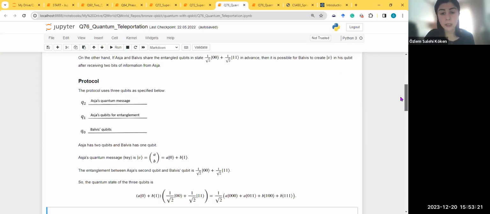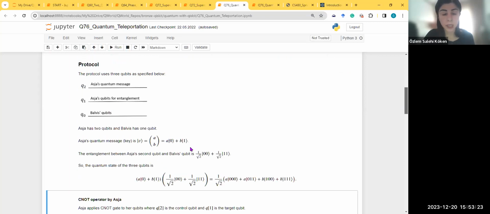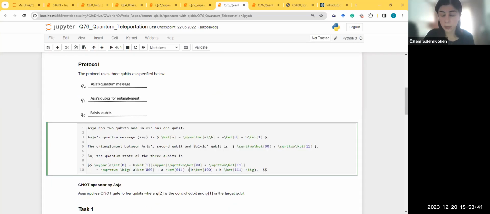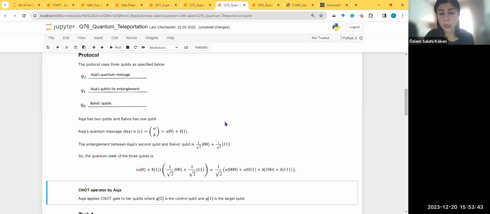So if we write the state of the system we have currently, it's this one. This is the state of the first qubit, A0 plus B1. And this is the entangled qubits. And we will say this is Q2, and this is Q1, and this is Q0. So we have 3 qubits. And this is the current quantum state.